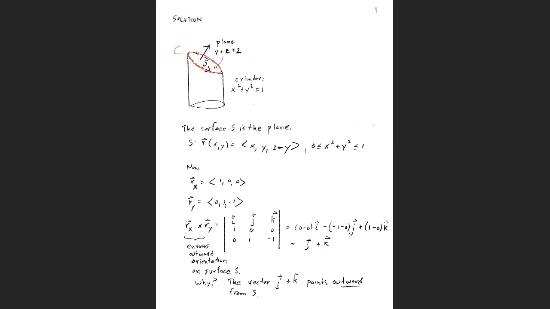So the way the book does this example, the surface is this surface S here. That surface S is the plane, or a portion of the plane.